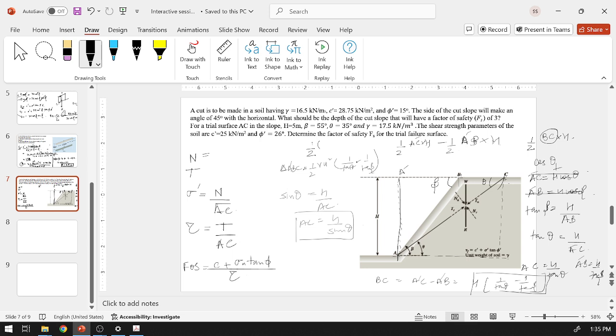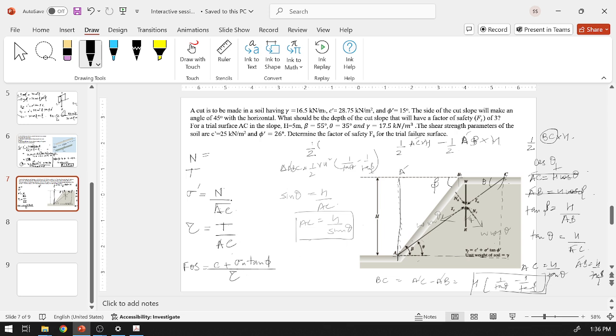And just like in the previous question, we calculated n by AC and t by AC. N was simply the normal component of weight over the failure plane. So we have W, which can be resolved as this: if this is theta, then this will be W cos theta and this will be W sine theta.